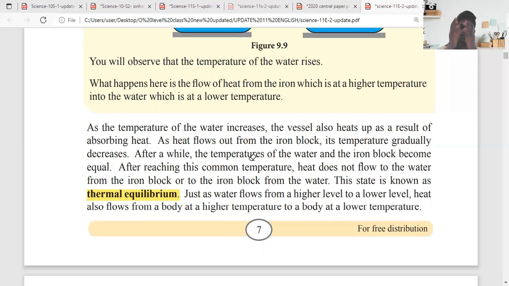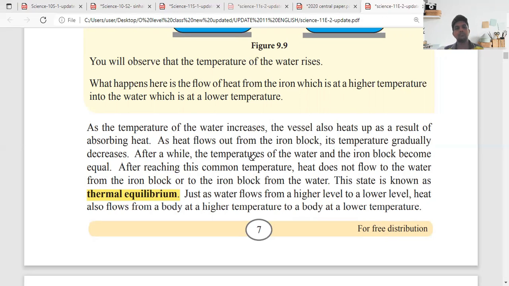When we mix or connect those two liquids, the heat of the 60 Celsius one definitely moves to the 30 Celsius one, because energy always moves from the higher end to the lower end. That is what we are learning here.